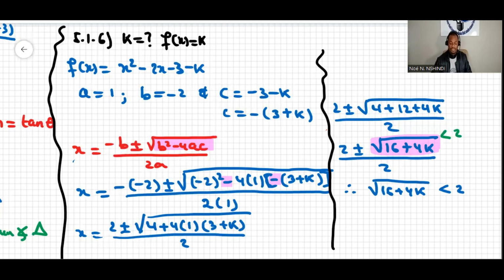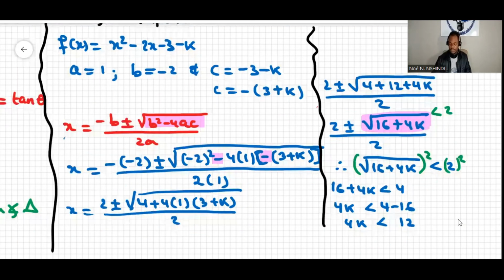Therefore, the square root of 16 plus 4k must be lesser than 2. Now we can set both sides to the power of 2, and this will become 16 plus 4k lesser than 4. If I move the 16 over, 4k must be lesser than 4 minus 16, and that makes 4k lesser than 12.